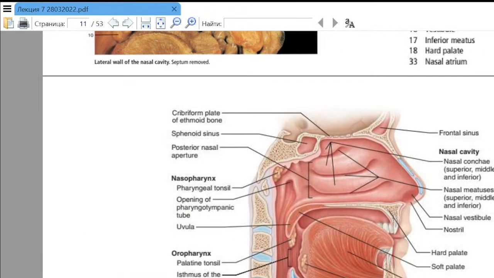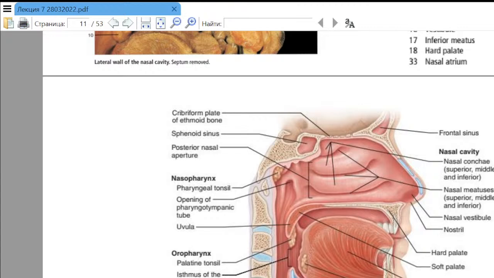Now what do you see in this picture? You see the posterior nasal aperture, or the opening of the pharyngotympanic tube. This is the nasal cavity, this is the oral cavity.